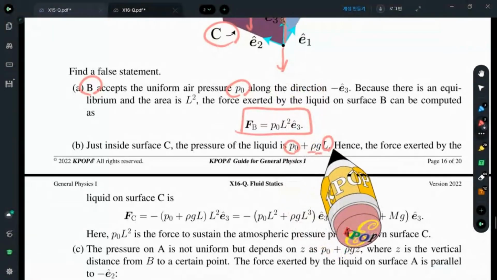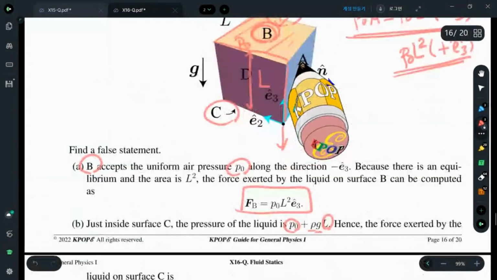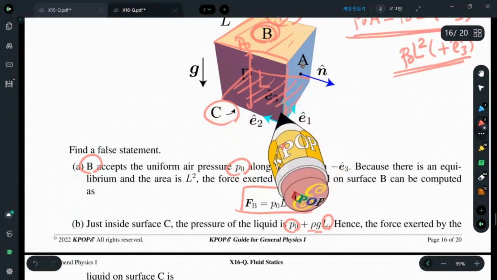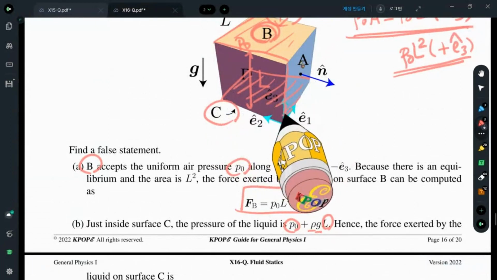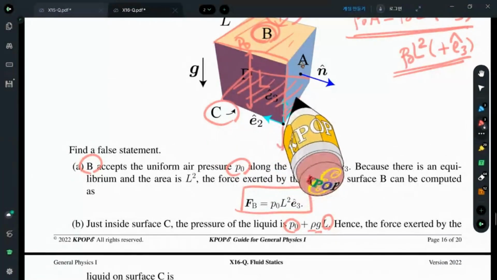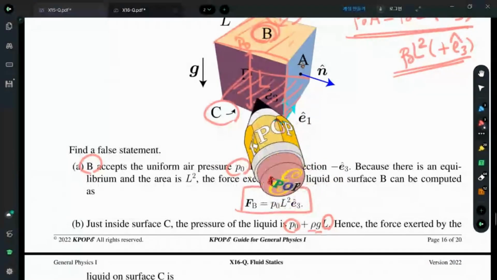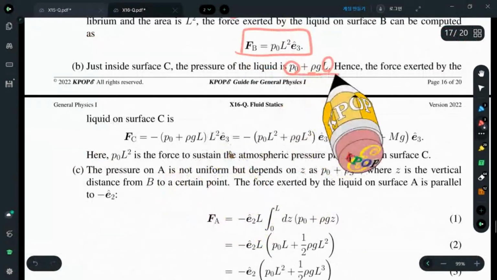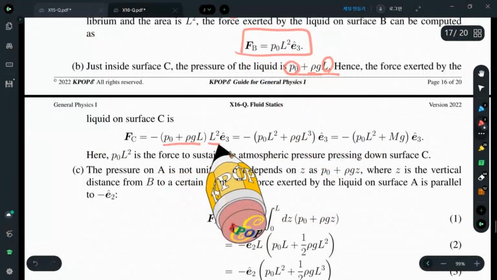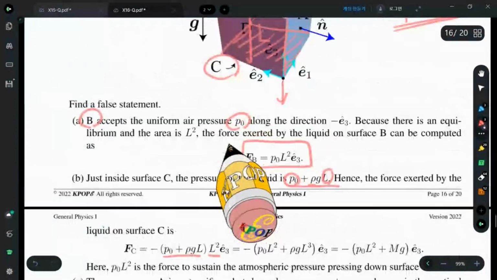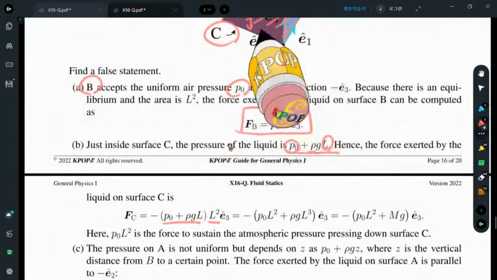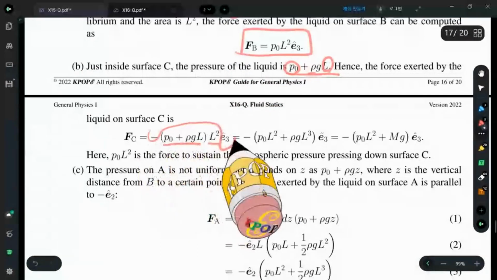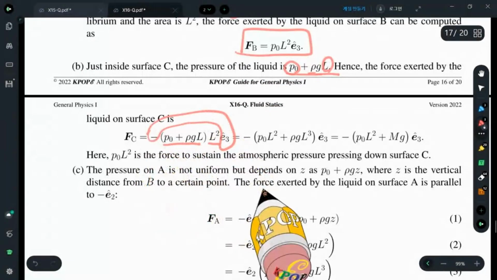So P0 plus rho G L. And any place on this surface must have an equal amount of pressure. Therefore, this uniform pressure will give the force, this amount, multiplied by area L squared. And what is the direction? The direction is downward because the liquid is pressing down. So minus E3 hat is the direction that is downward.